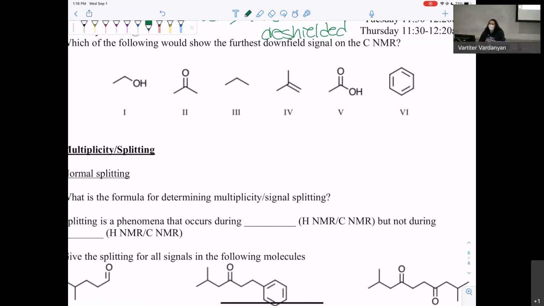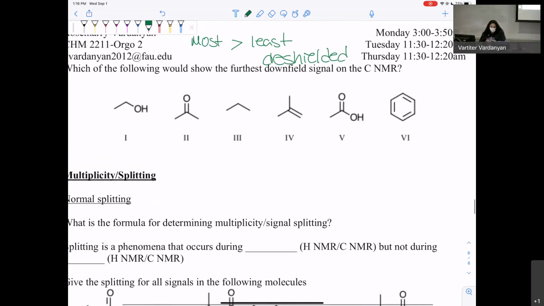So someone tell me what you're thinking. Actually, I want you to give me the functional groups. We have to do some functional group practice.